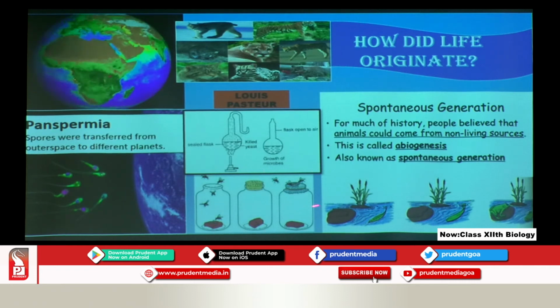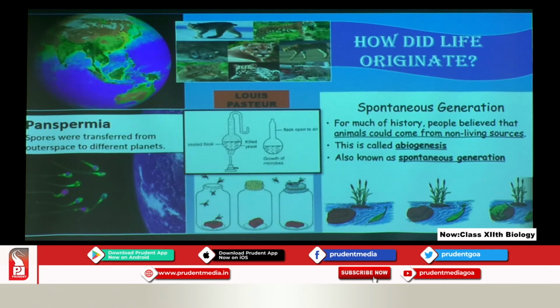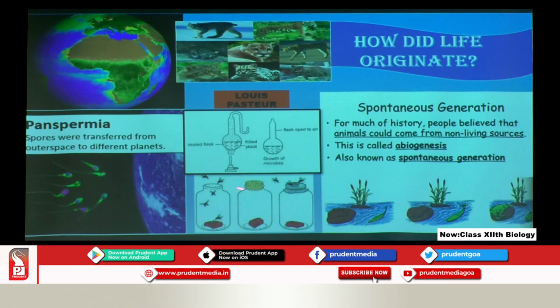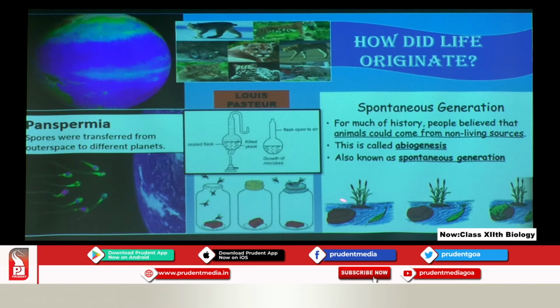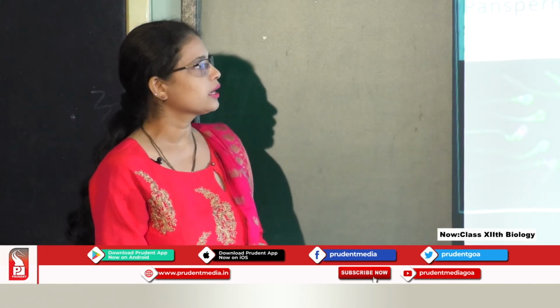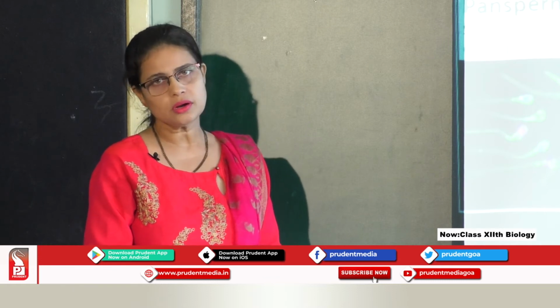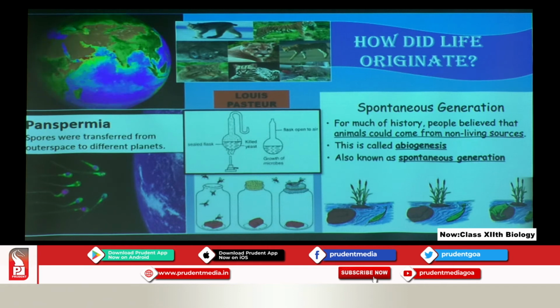What about the third one? The flies are attracted because of the smell, but there is no entry for them to go inside and feed on the organic matter there. So all this actually proves that it is impossible that life can come from non-living objects. Okay, and once and for all this theory was discarded.